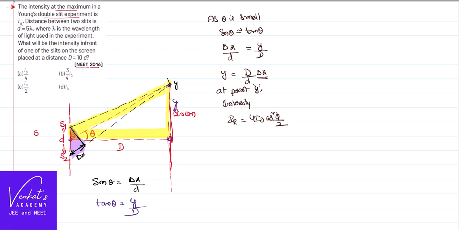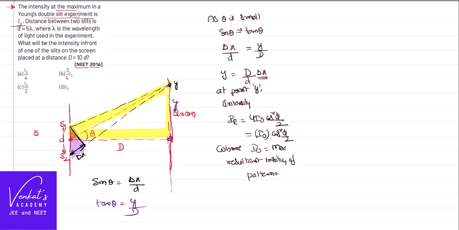But in the problem it is said that I naught is the maximum intensity. So here in our problem I have to write it as I naught cos square phi by 2, but be careful, where I naught is the maximum resultant intensity of the interference pattern. That's what is given to you.